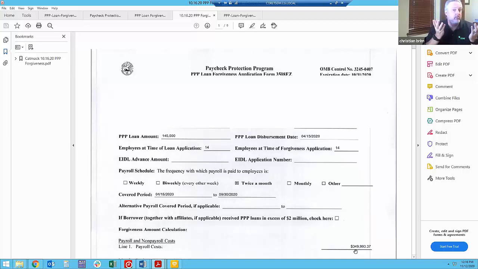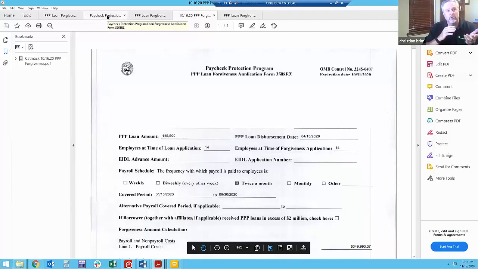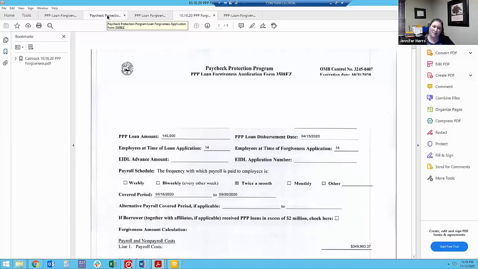Could it make sense, hypothetically, to delay your forgiveness until closer to the end of the year so that the SBA doesn't forgive it until next year? It's always possible. That would be something to talk with your accountant about and run the numbers, but you'll have more time to maybe counteract that tax.